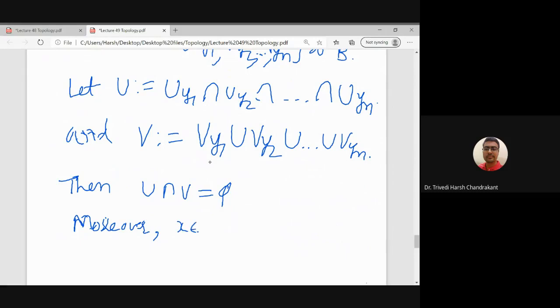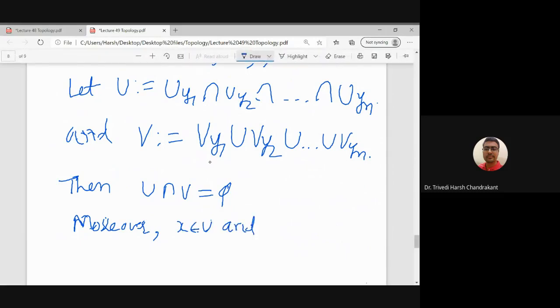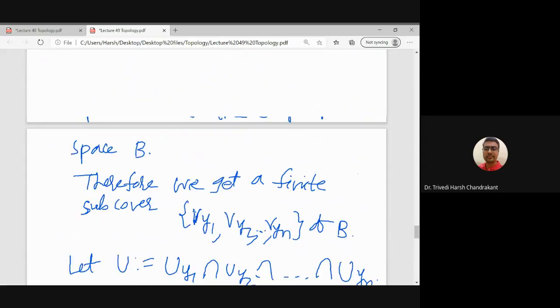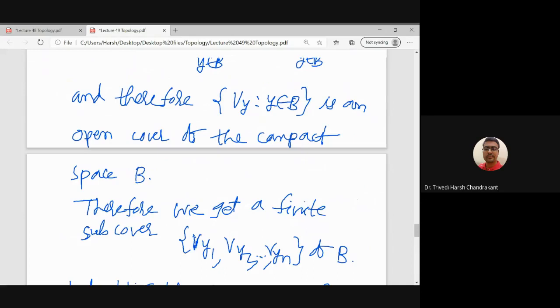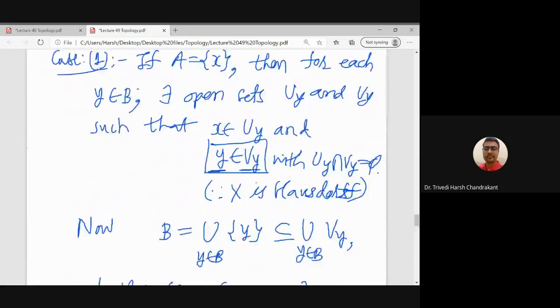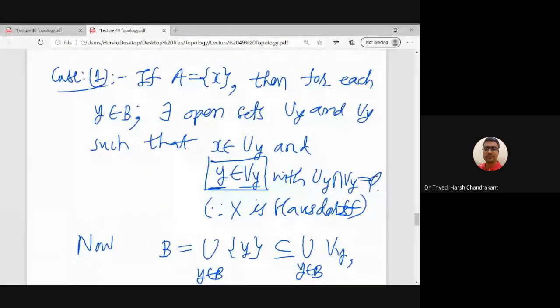Moreover, it is easy to see that x belongs to U, because x belongs to each Uy. For every y, x belongs to Uy, so x belongs to the intersection of the Uy.